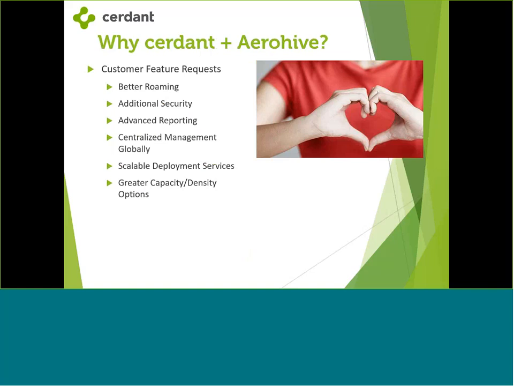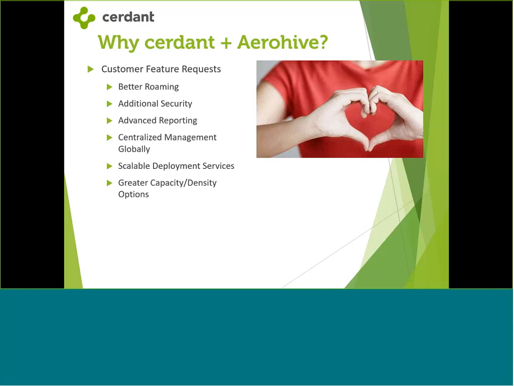Some of the common requests we were getting was the ability to have better roaming. While roaming is associated with the end user, and again, we discussed that in our previous webinar, having a wireless solution that has built-in features to help the user roam is a big key piece. Features that have additional security, different forms of authentication that you can use, or hardware security, like a TPM chip, so that if somebody were to steal it, they can't gain access or information from it.